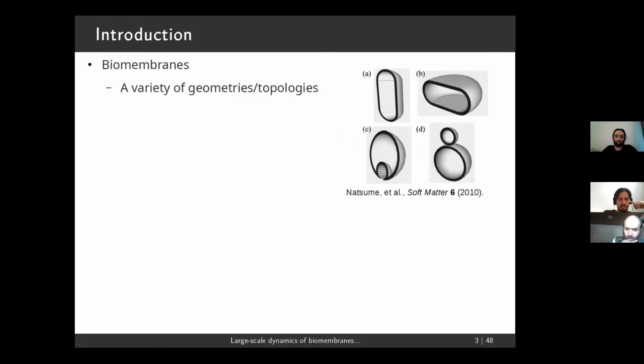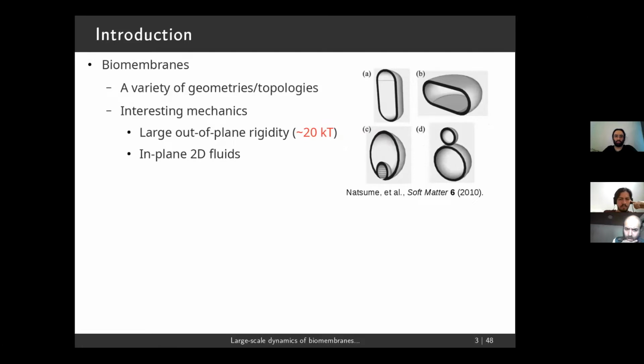But from the point of view of biophysics, biomembranes are really interesting because they can have a variety of geometries and topologies, and the most important part of the biophysics is that they are rather rigid structures.